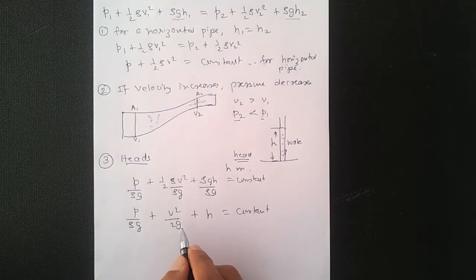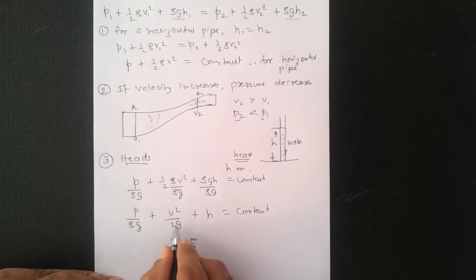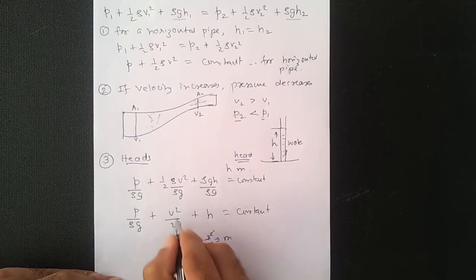So second square cancels, meter cancels, and I am left with meter. So this term is a measure of length.